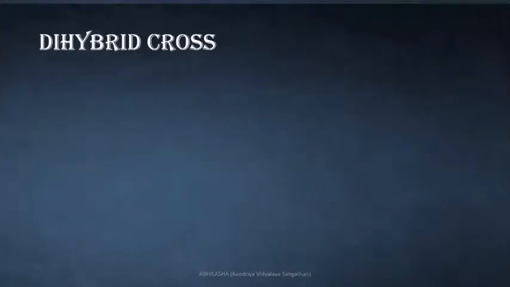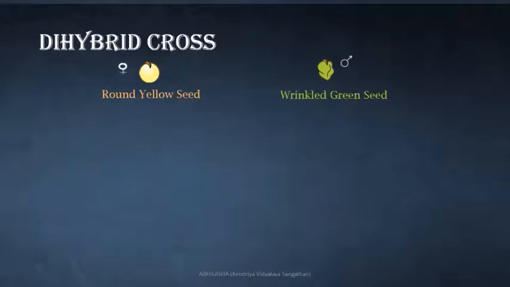So let's cross a round yellow seed with a wrinkled green seed. Let's take the round yellow as the female parent and the wrinkled green as the male parent. So capital RRYY is dominant and small rryy is recessive. This is the genotype of the homozygous parents.